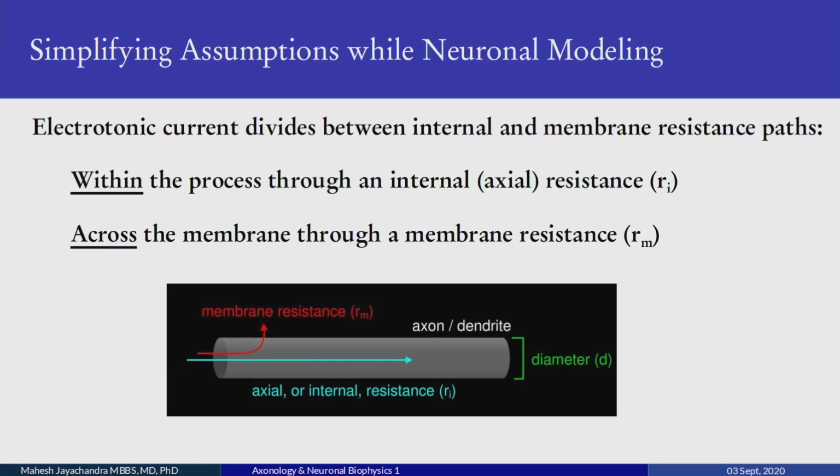So we have to make some simplifying assumptions. This local spread of current is also called electrotonic current. There are two pathways it can take. One is it can go through the axon, and the other is it can go out of the axon via the membrane. When it goes through the axon, it encounters resistance, and this is internal resistance, or R subscript I. And when it goes out through the membrane, it's membrane resistance, R subscript M. Okay, and here D is the diameter.